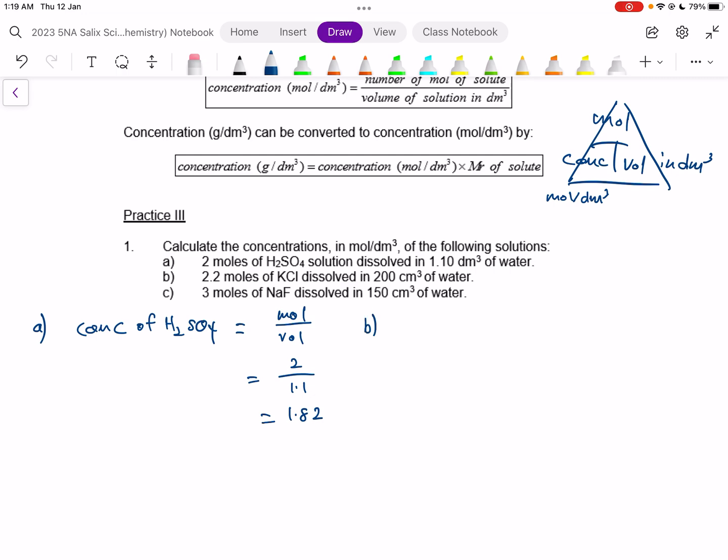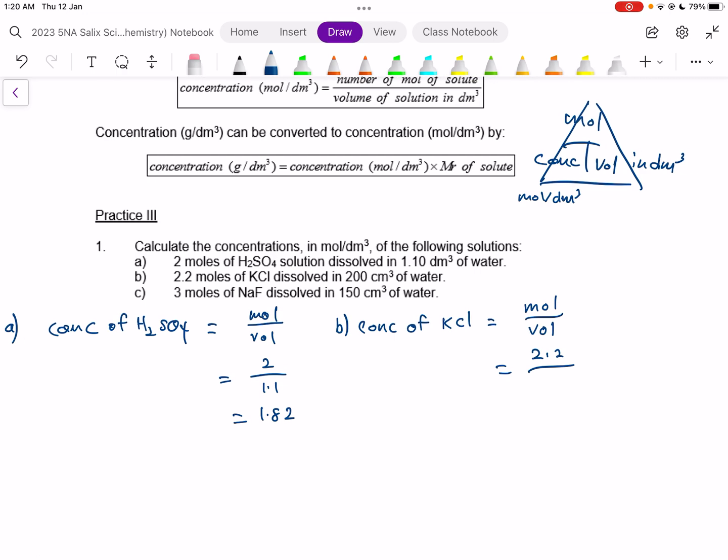Part B. Same thing, concentration of KCl. Once again, mole over volume. Mole is 2.2. Now they have given the volume in centimeter cube, but earlier on I told you it needs to be in dm cube. So you convert the centimeter cube to dm cube by dividing by 1,000.